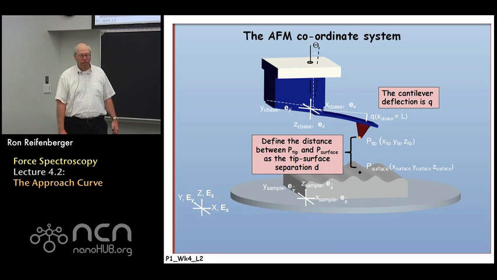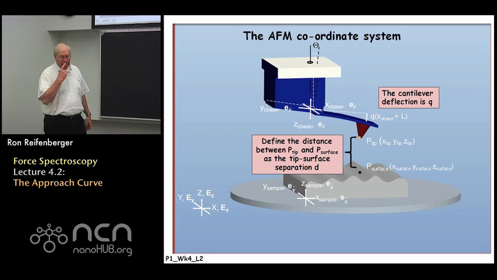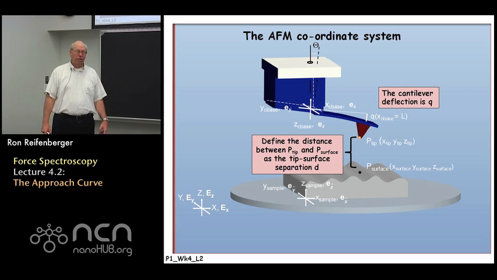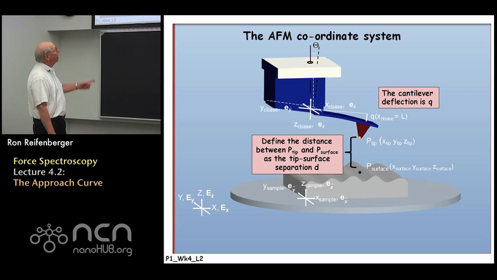So to begin with, I'd like to re-emphasize the coordinate system and the notation that we're going to use, and that's done in this particular slide. In particular, the deflection of the cantilever is going to be called small q, and q is a signed quantity, which means it can be either positive or negative, because the cantilever can bend down if it experiences an attractive force between the tip and the substrate, or it can bend up if it experiences a repulsive force.